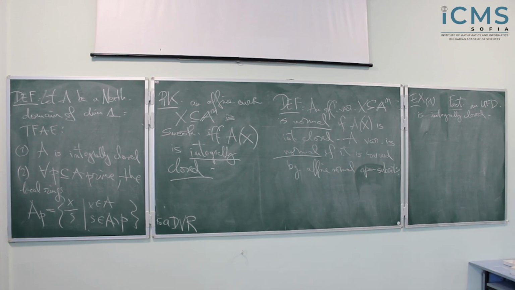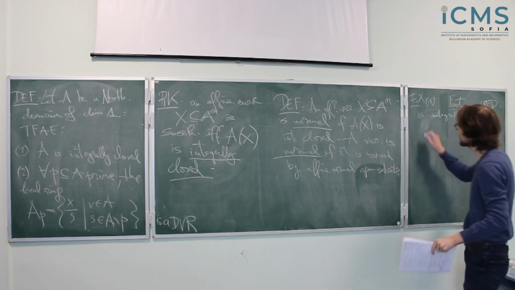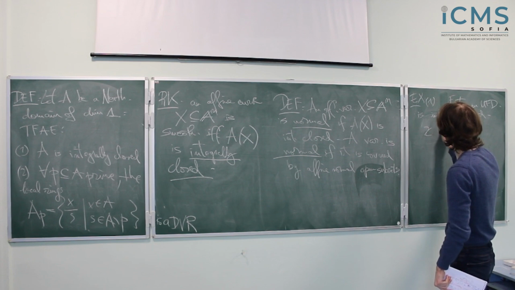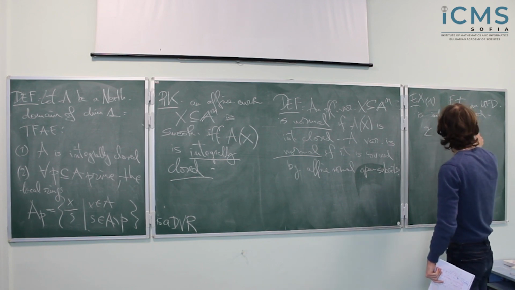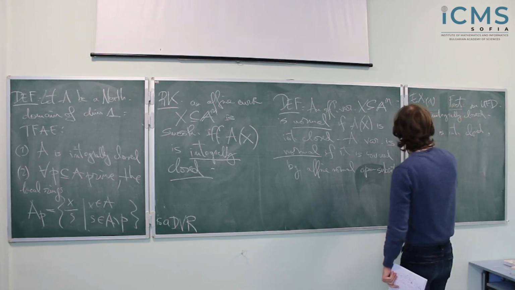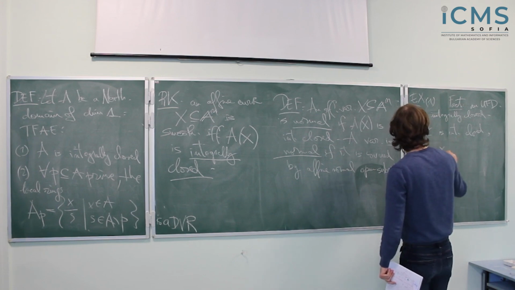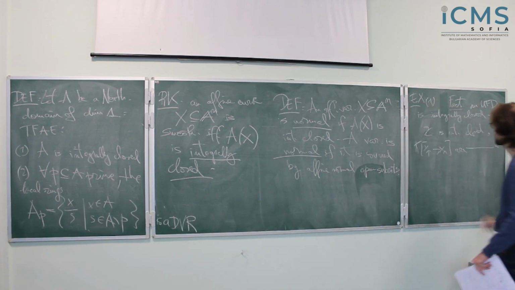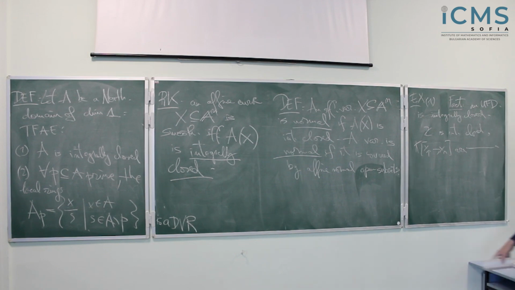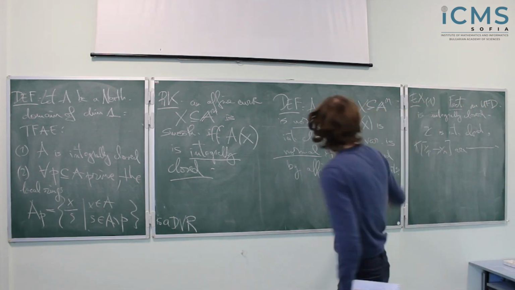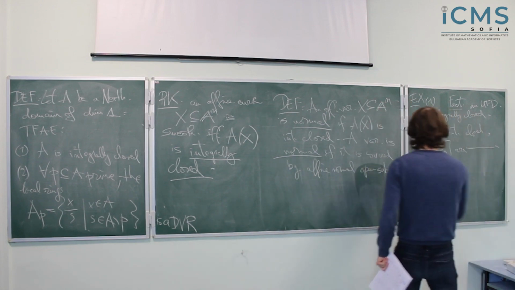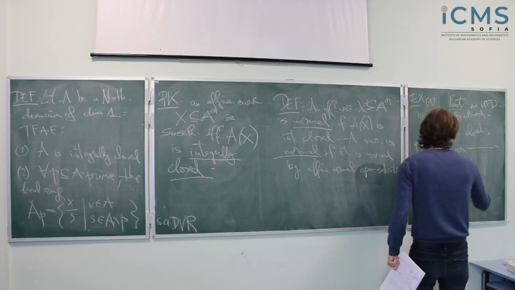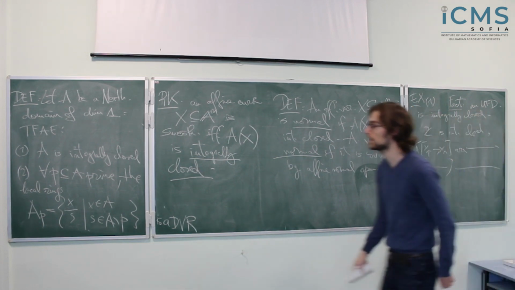It's used all the time in elementary number theory, this Eisenstein criterion of divisibility. So for instance, Z is integrally closed. All the polynomial rings over a field are integrally closed. And also if I replace K by Z, we also have an integrally closed ring.